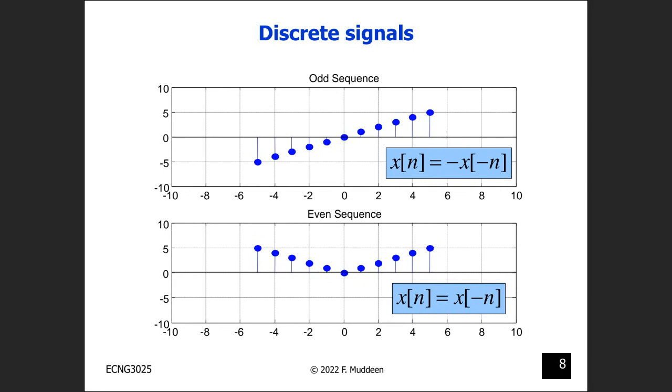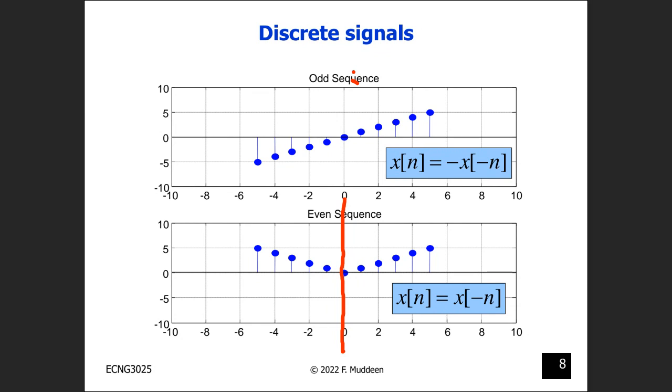The even sequence is easy to manipulate, because if you flip it along that red line, it's symmetrical along the red line. So the even sequence x[n] is the same as x[-n]. So you flip it around. In the case of the odd sequence, it's two sets of things.